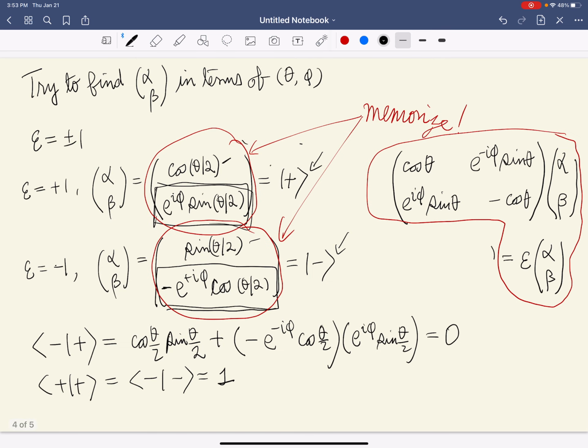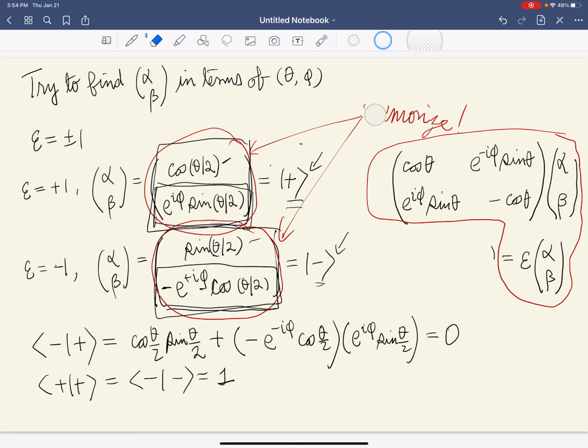As you can see, this is the plus eigenstate and this is the minus eigenstate. And if you know what the theta and phi are, then you know what these eigenstates are. Okay. So I claim that's everything you need to know about the recipe for solving the two-level problem.